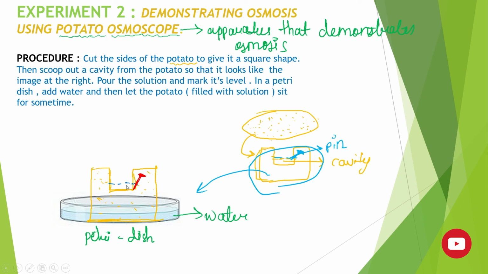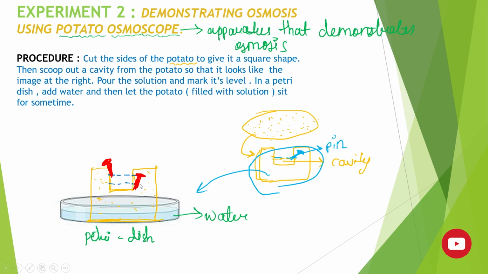After some time, a very fun thing is going to be observed by all of us in the potato osmoscope. We are going to observe that the level of sucrose solution inside the cavity has risen to this new level. Whatever the new level is, we are going to mark it with another pin to clearly check the difference between the two levels of solution.